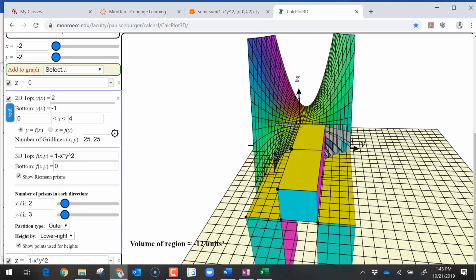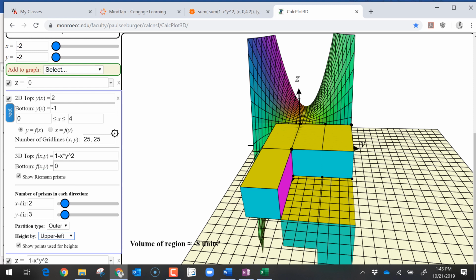So I don't know if we did something wrong, if they did something wrong, but the answer probably should have been negative 12. Let's try the upper left. Negative 8. Okay, so that one looked like it was correct. And let's try the upper right.